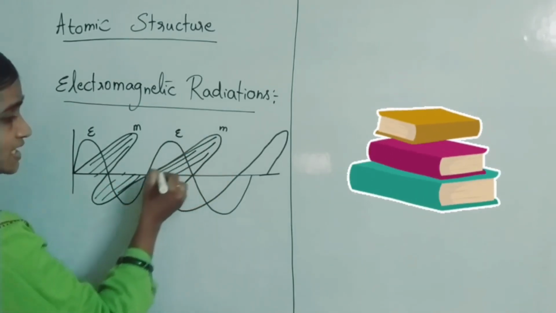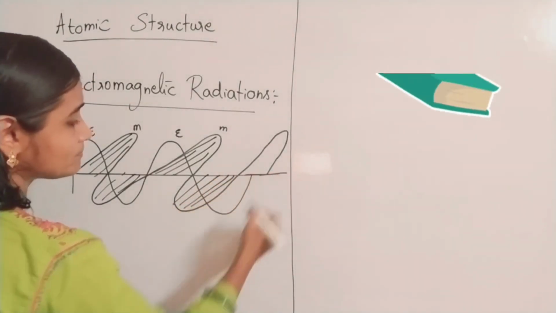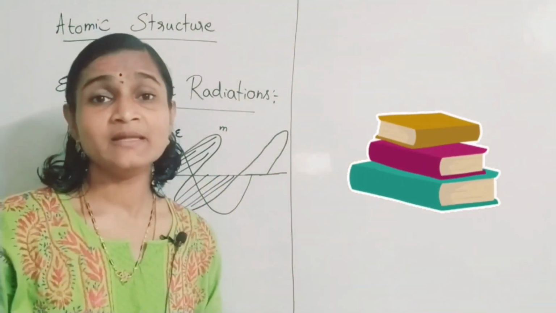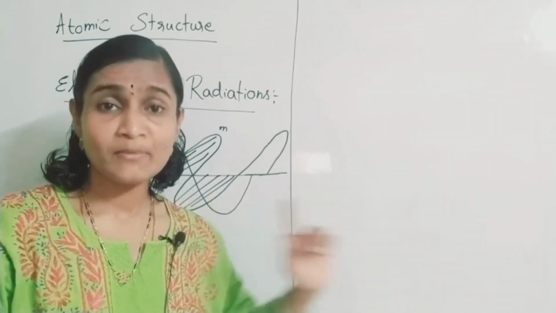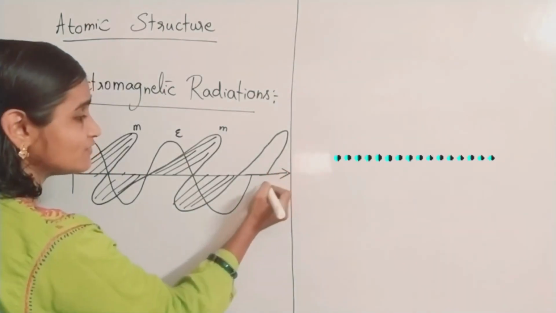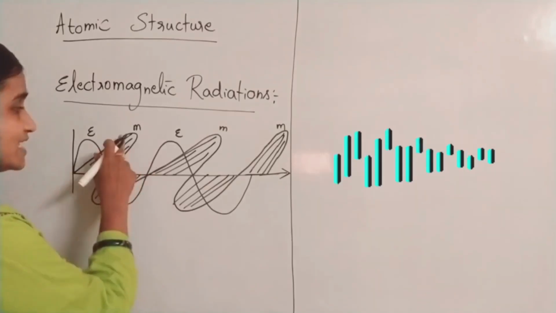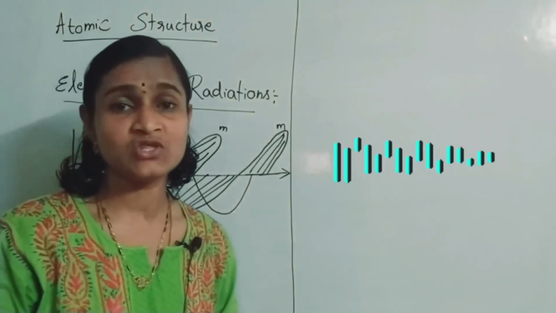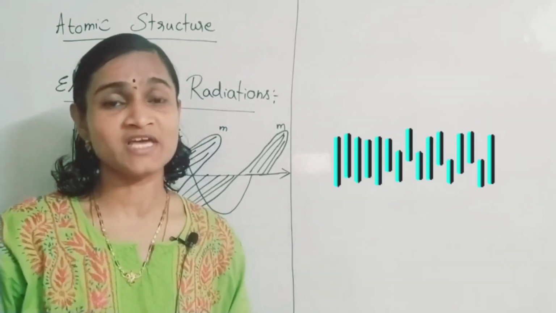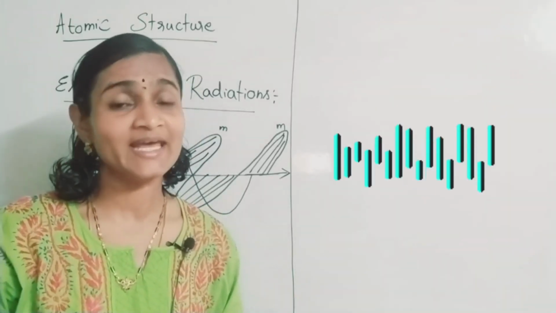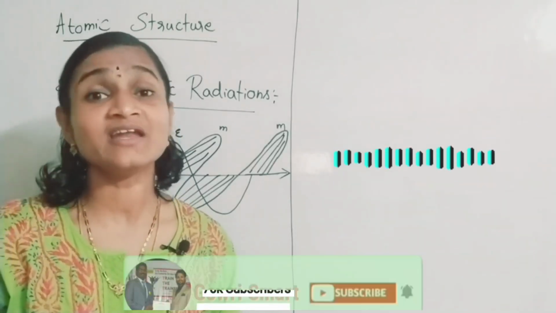If they superimpose with each other and travel perpendicular to the direction of propagation of the wave, here is the direction of the wave, then these two waves, electrical and magnetic, are perpendicular to each other, and the particles also travel perpendicular to the direction of propagation. Such waves are called electromagnetic waves, and you call them electromagnetic radiations.